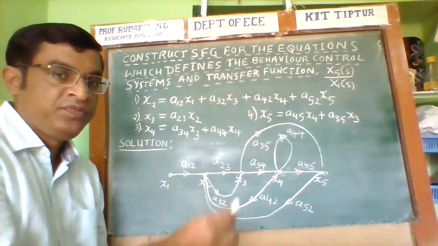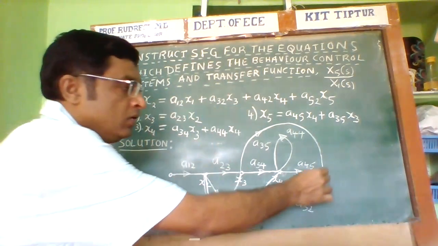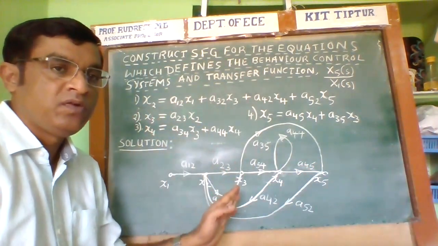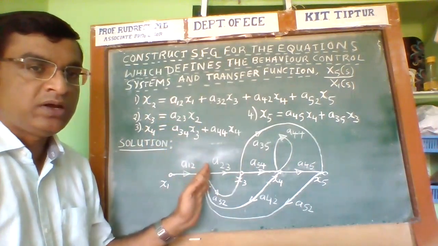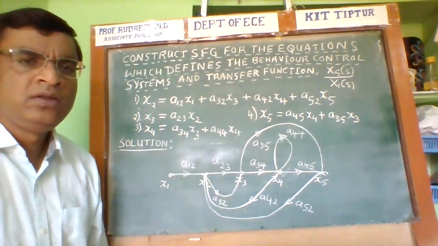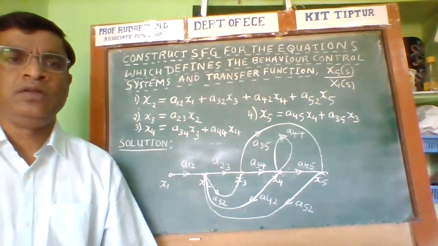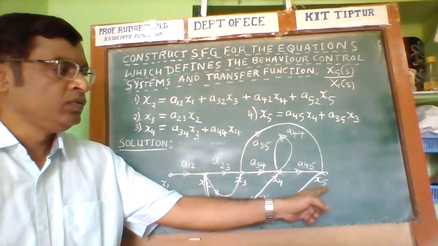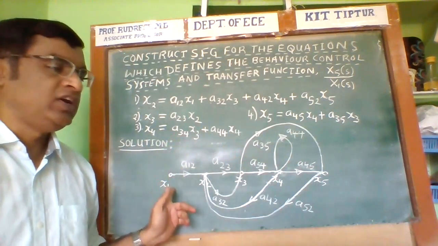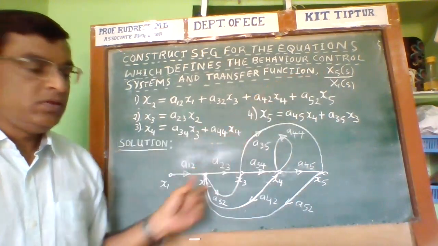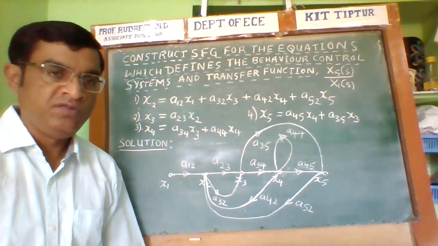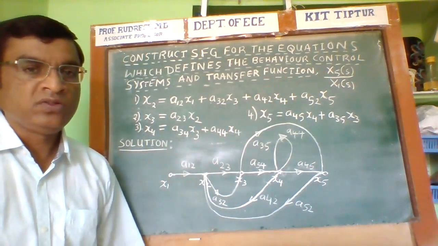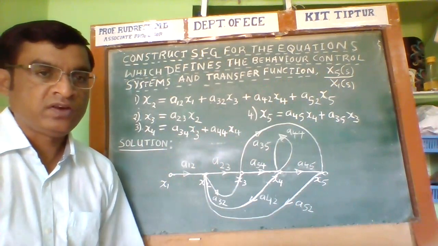In the next step, once we draw the signal flow graph, we can easily calculate the overall gain X5(s) divided by X1(s) by using Mason's gain formula. By applying Mason's gain formula, we can easily find the overall gain of the system.